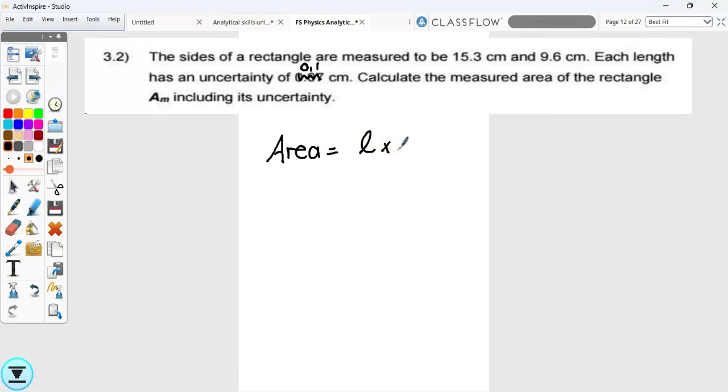length times breadth, and that is just going to be 15,3 times 9,6. And can someone please type the answer or tell me what the answer is?